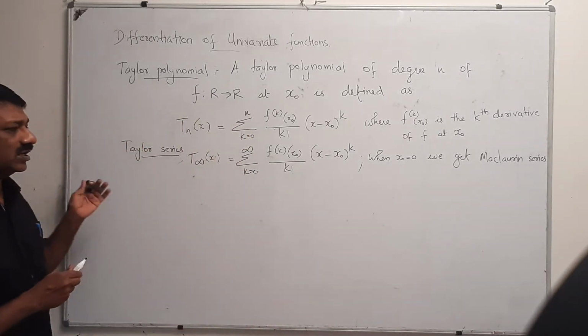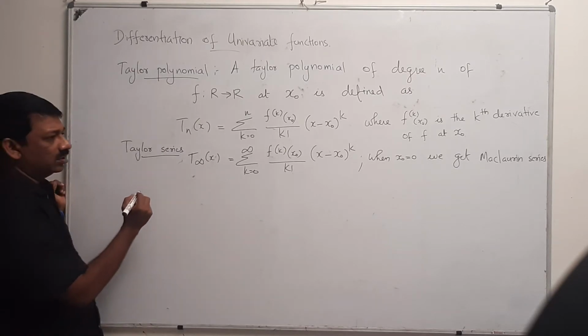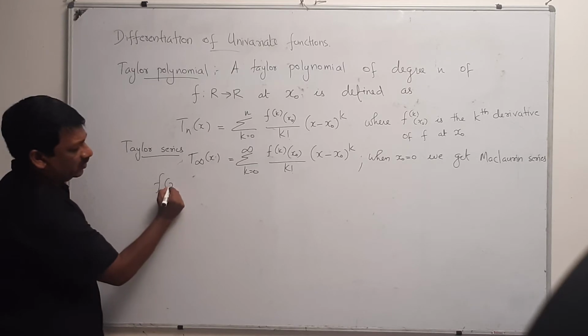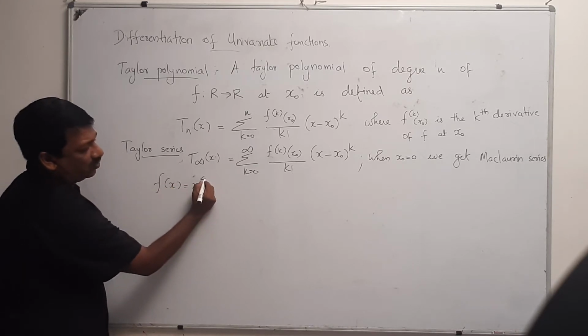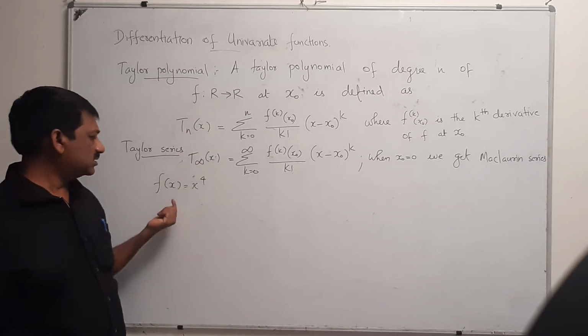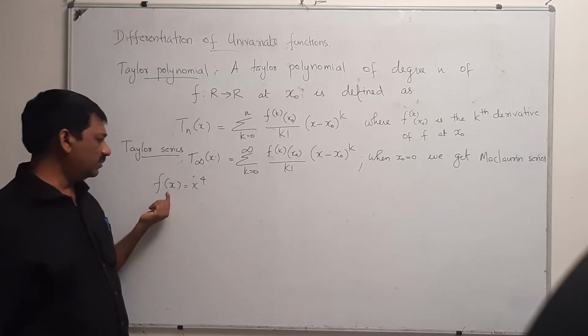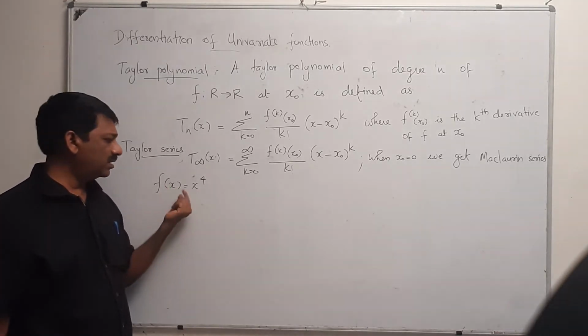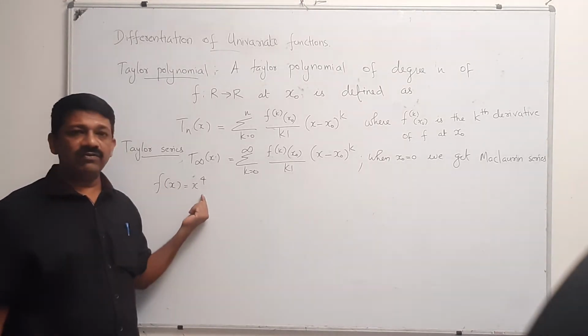For example, suppose you want to represent f of x is equal to x raised to 4. This is a function from R to R, which means you can take any value for x, and you get a corresponding value for x raised to 4.